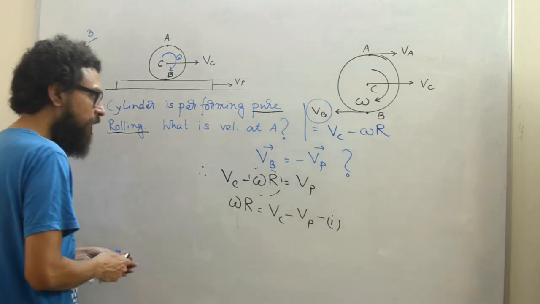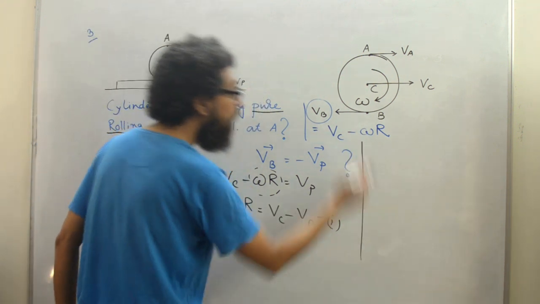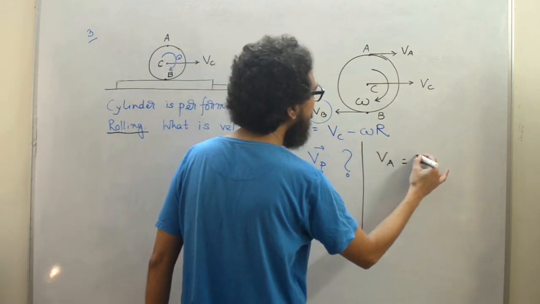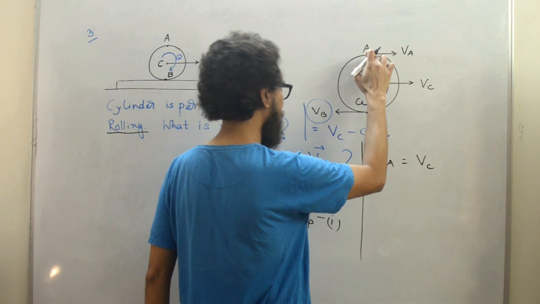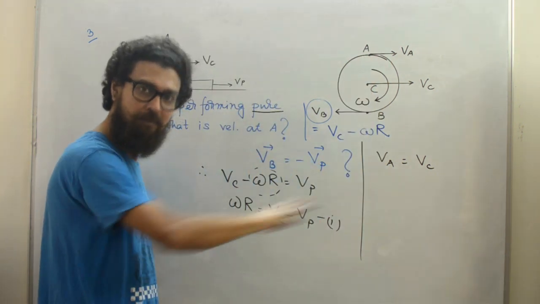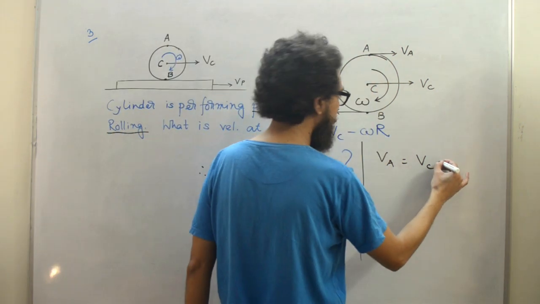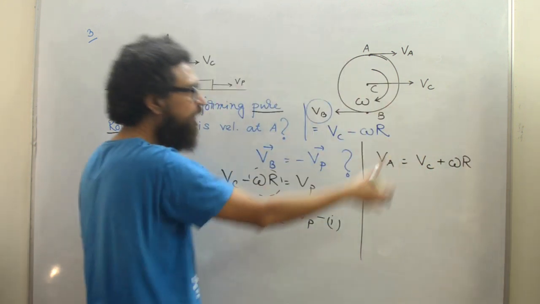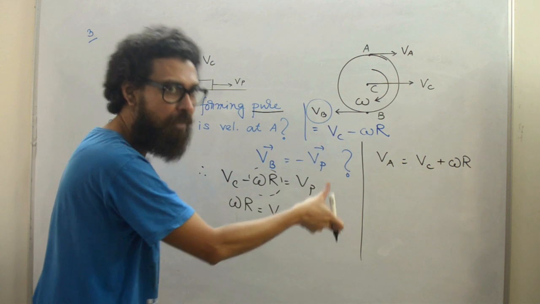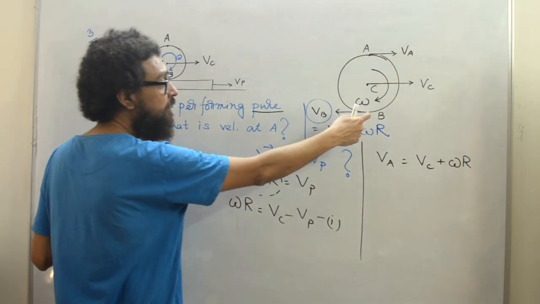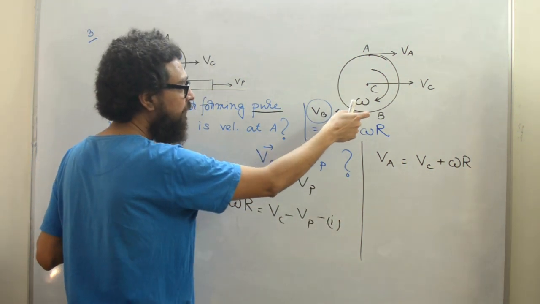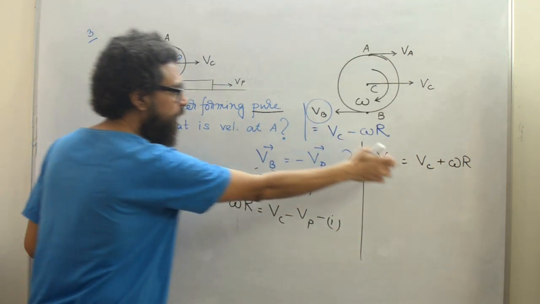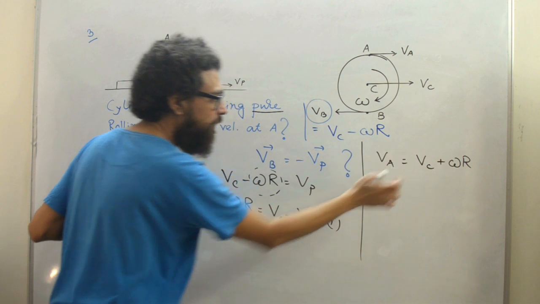Now the next concept is pretty simple. We will go for Va. What is Va? Definitely, it is Vc, which should be there for rolling motion, and then since we are having this omega r in addition to Vc, they will add up, because the bottom point is momentarily at rest. So whatever is there should come up, in addition, opposite to it.